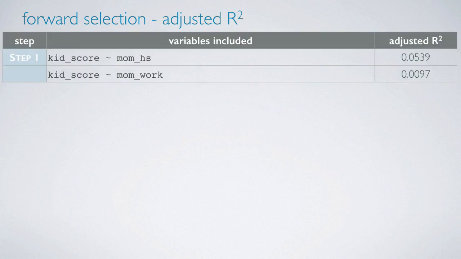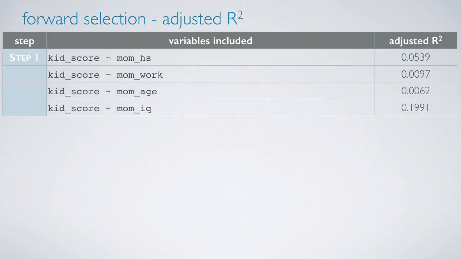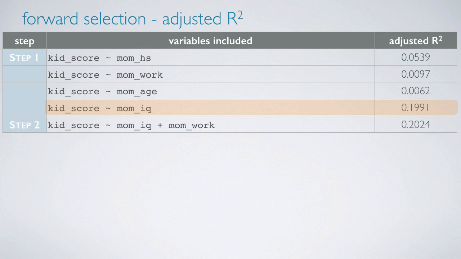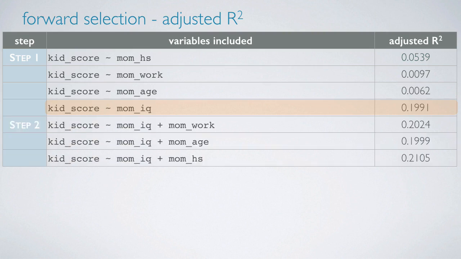We start with 4 simple linear regressions, one for each of the candidate predictors in our dataset, and then we pick the model with the highest adjusted R-squared. So the first variable that we're going to be adding to our model is going to be mom's IQ. In the next step, we then try the remaining 3 variables, and once again pick the model with the highest adjusted R-squared, and that's going to be mom's IQ with the addition now of mom's high school status.